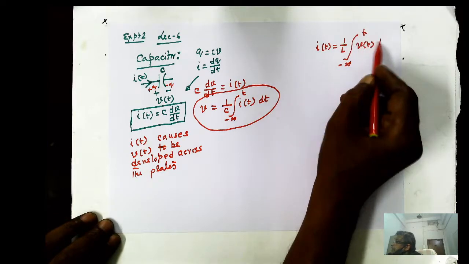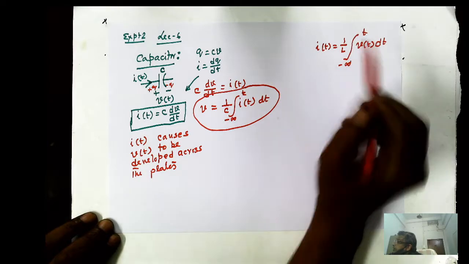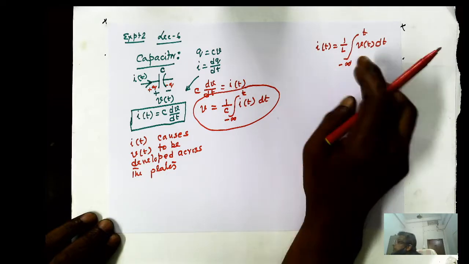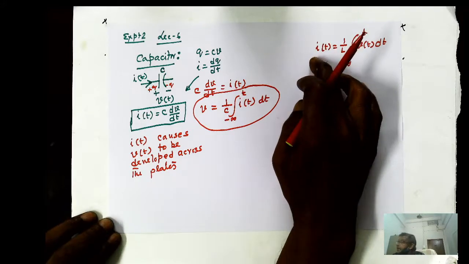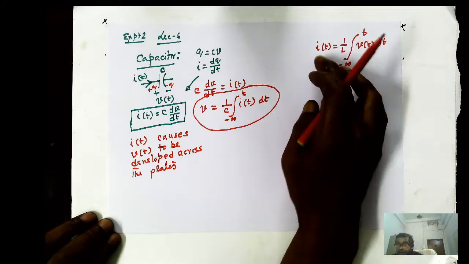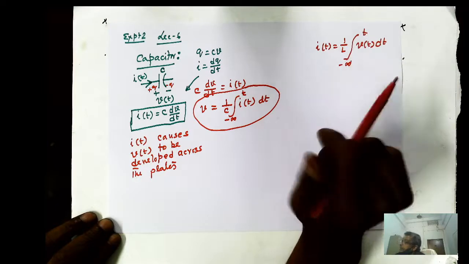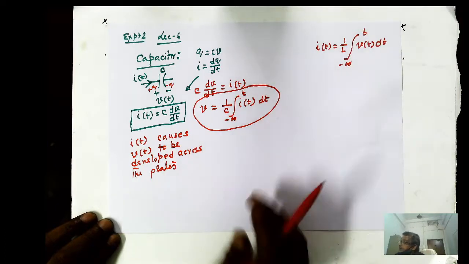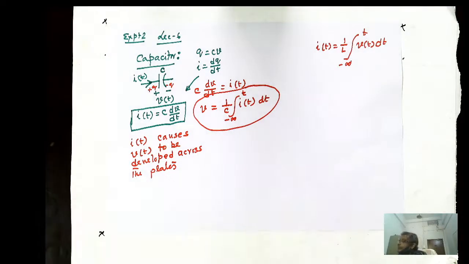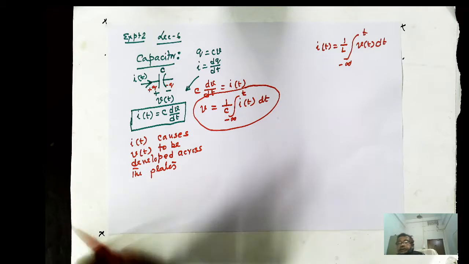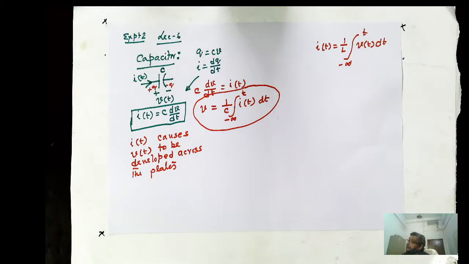So v(t) was the applied voltage across the inductor, the cause, and i(t) was a consequence of that; the current was developed in the inductor. In case of a capacitor, it is dual: you pass some current for a certain time so that charge gets accumulated on the plates, and in return you get some voltage developed across the plates of the capacitor.